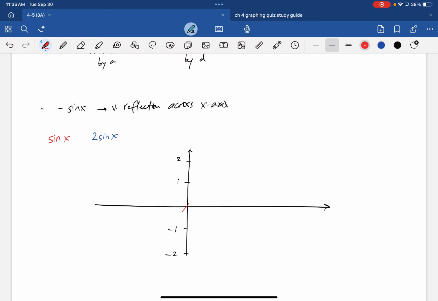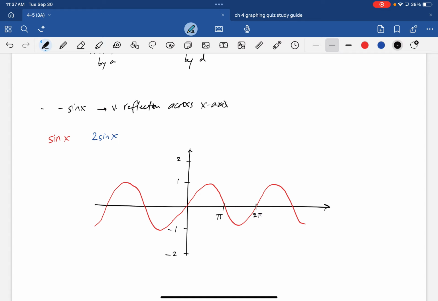So I'll start drawing it like this. I also have to go backwards. So that's what sine x would look like. I might add some tick marks, pi and 2 pi. The reason I know that's pi and 2 pi is because sine x has a period of 2 pi, so this distance has to be 2 pi, and pi is just halfway between.